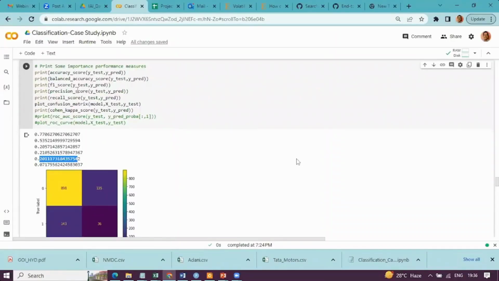So your precision in prediction is not to the point. Your predictions of the defaulters are not coming out well. The precision is coming out to around 21%.